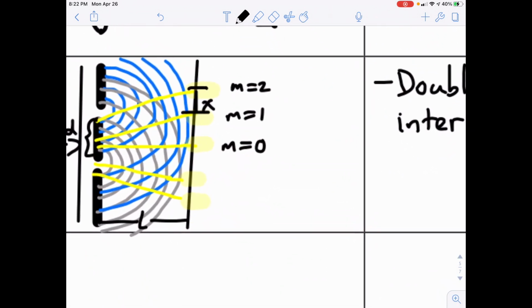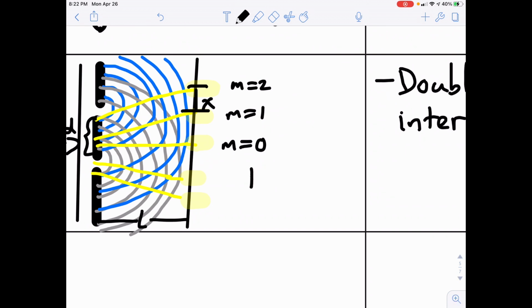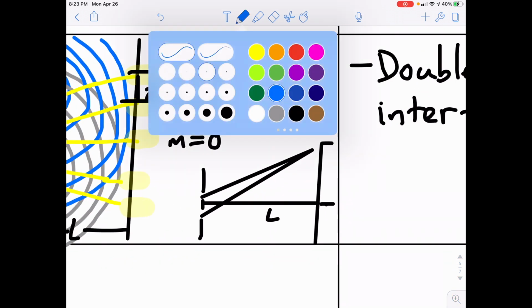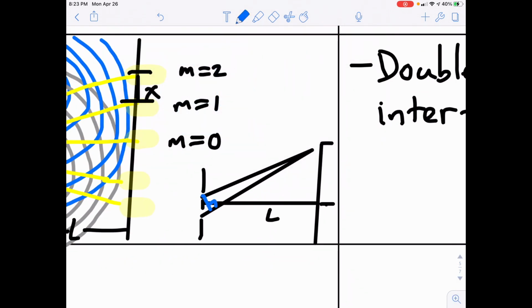And if you were to relate a picture, let's say you have the two slits, and this is the distance L to your screen, and this is one bright fringe right here, and this is another one way up here. This is the distance between one wave, and this is the distance from the other wave. And if we zeroed in on this, that's perpendicular.